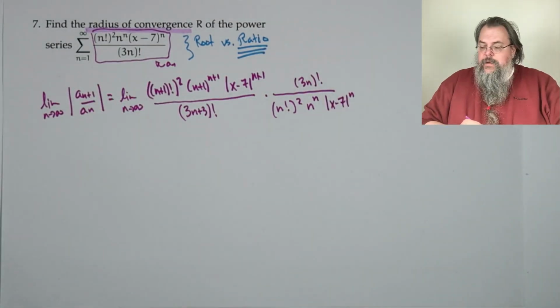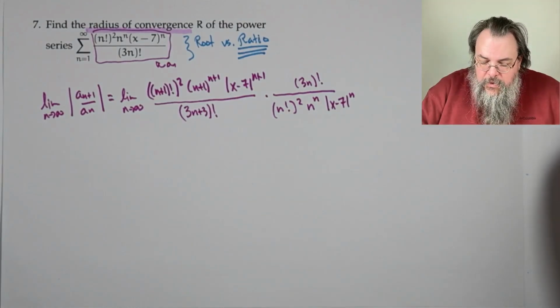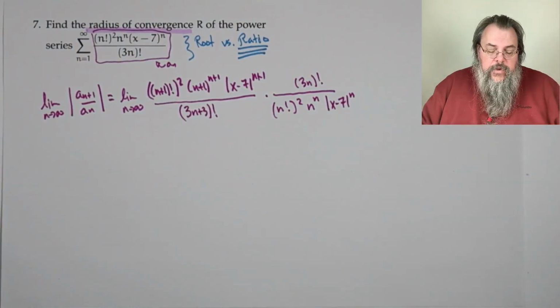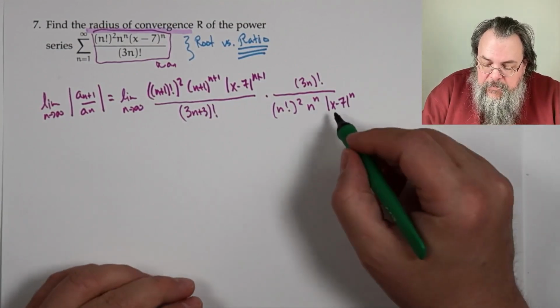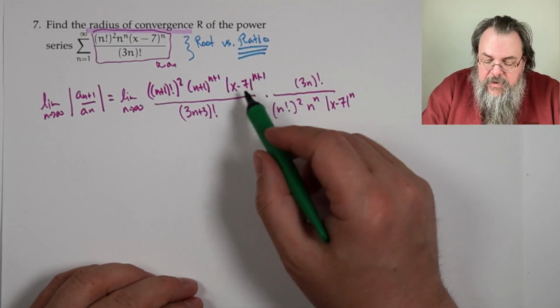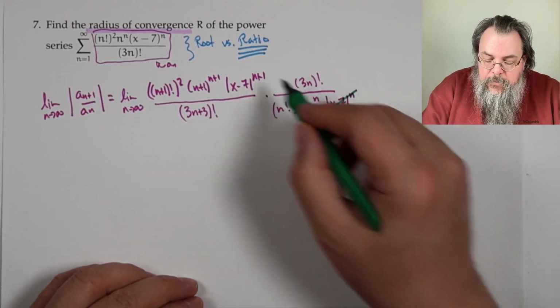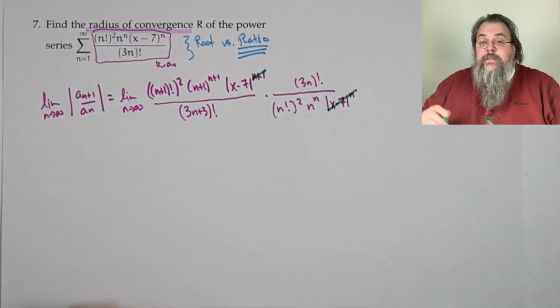Okay, now we say cool. Good news is some things cancel really quickly, and namely this x minus 7 to the n. There's x minus 7 to the n plus 1, so we're left with just one of those, and that's not surprising.